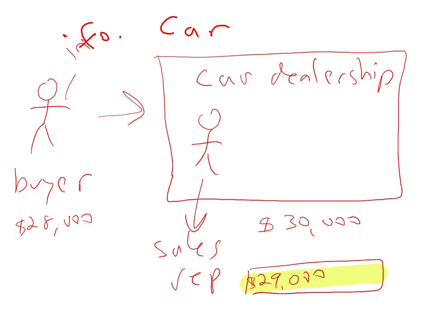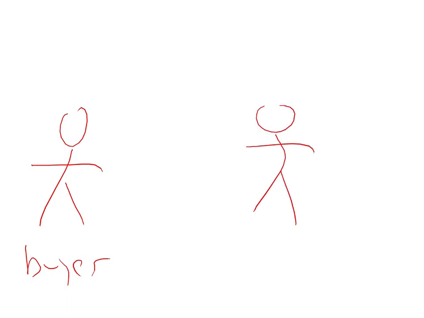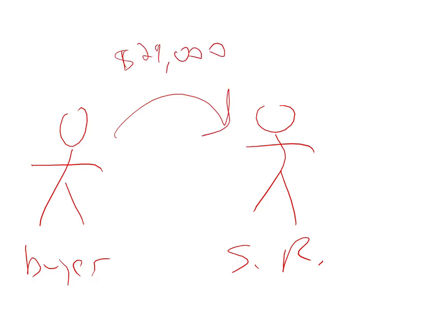Let's assume that you're not going to finance it, so there's not going to be interest. Let me exemplify this in a different way. You're the buyer, and then you have the sales rep here, SR for sales rep. You're going to give the sales rep $29,000, and in return, you're going to get your car.